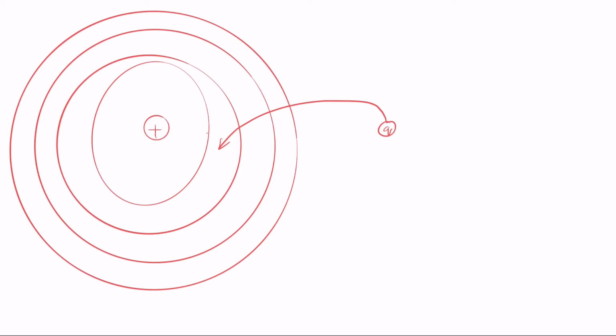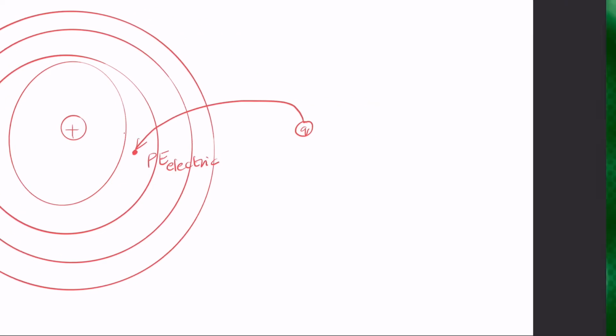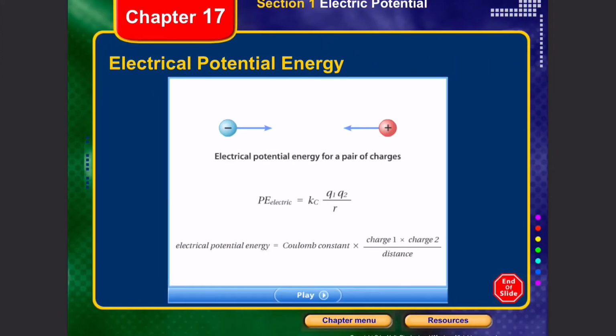The energy that it experiences at this particular point, either attraction or repulsion, we call electrical potential energy. This is the idea behind potential energy in terms of electrical energy.